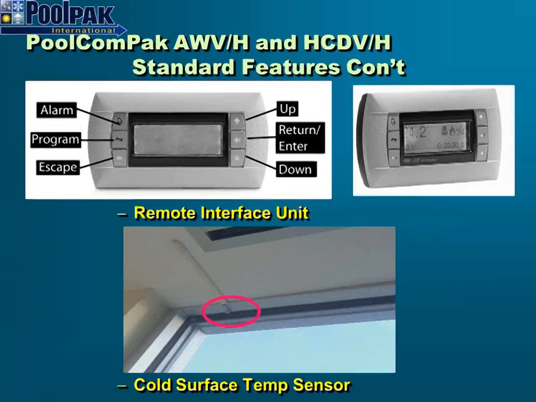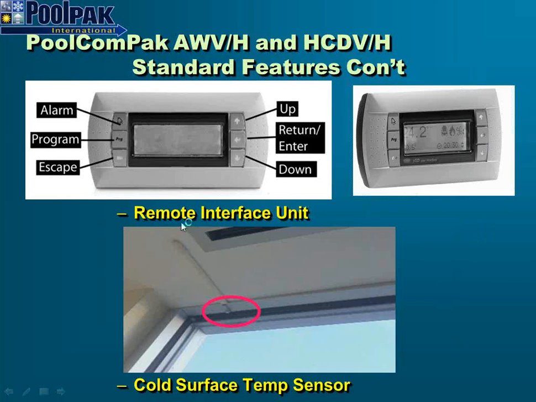Standard control on the Pool Compact is this device right here. It's relatively simple from the user interface buttons that you see here, the raising, lowering the temperature, and it can also be programmed for the set points at the user interface, and it can also be integrated into a building automation system.